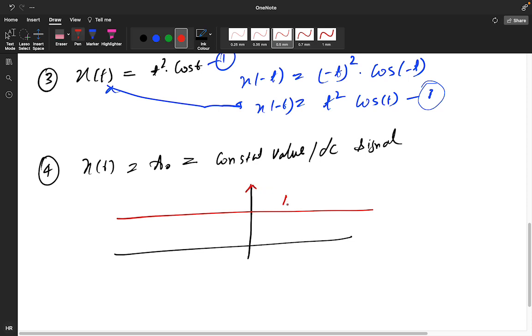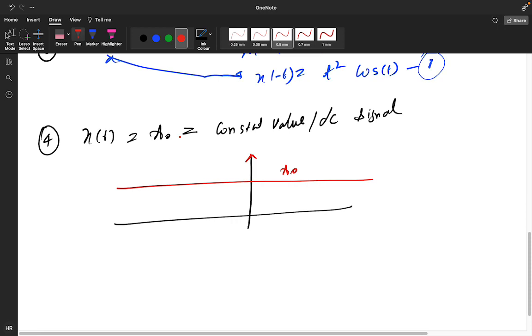This is your DC signal. Here there are no terms in t, so x of minus t will also be a naught. So x of t is equal to x of minus t, and if you see the y-axis, both are symmetrical. So your DC signal is an even signal.